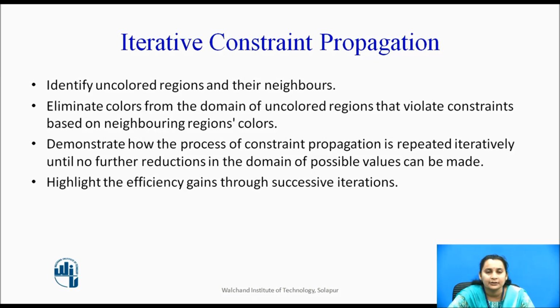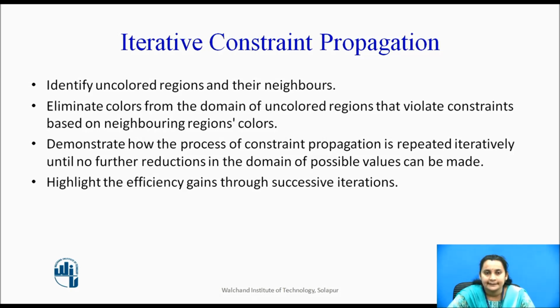Iterative constraint propagation. It first identifies uncolored regions and their neighbors. At every iteration, we identify in the whole map the region that has not been assigned a color, the uncolored region, and its neighbors, how many neighbors there are.